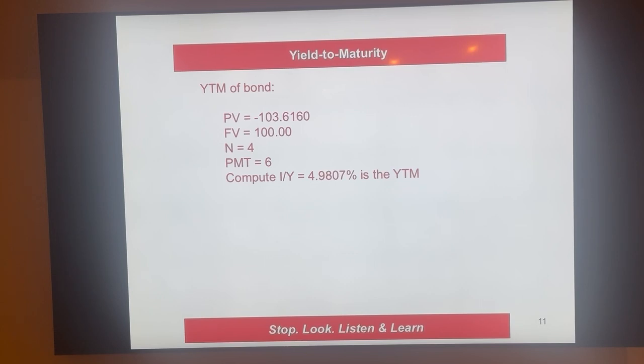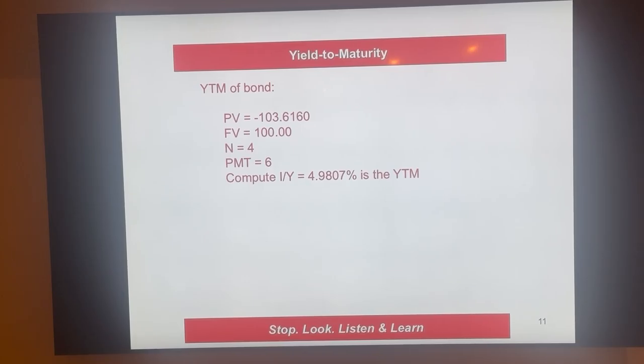And just to do a sanity check here, this bond has a stated rate of 6%. So when it was issued, it was paying 6%, and now it is trading in the market at 103, or the value of it is $103.62. So it is trading at a premium, and what that means is that the rate on the bond must have declined, because recall that there's an inverse relationship between the value of a bond and the interest rates.